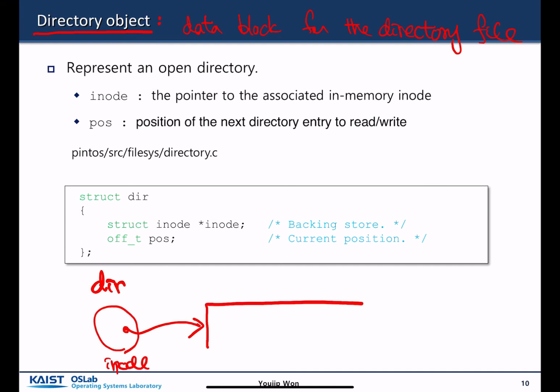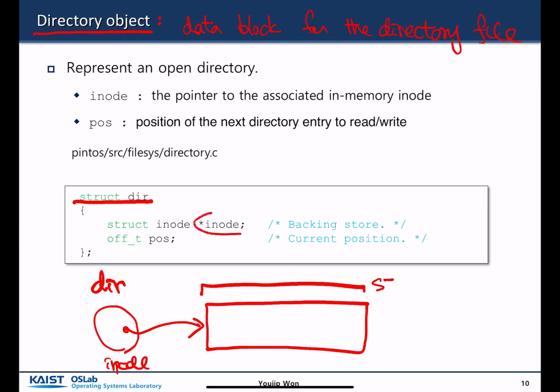And this is the in-memory data structure that represents a directory block. So struct dir contains the pointer to the associated inode and the position.